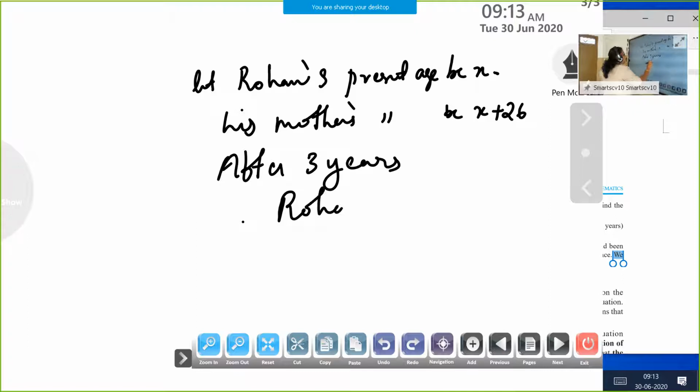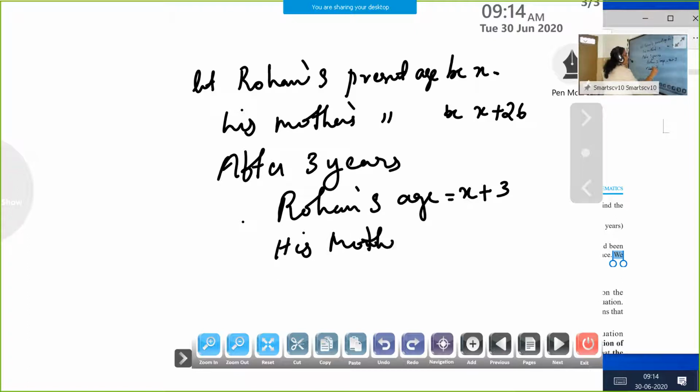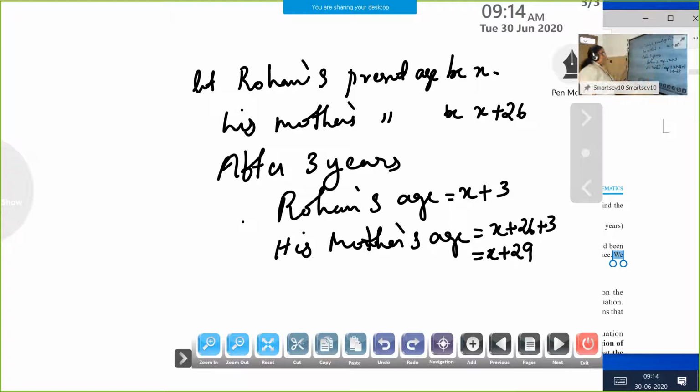Rohan's age is x plus 3. Then his mother's age is x plus 26 plus 3, that is x plus 29. Clear?